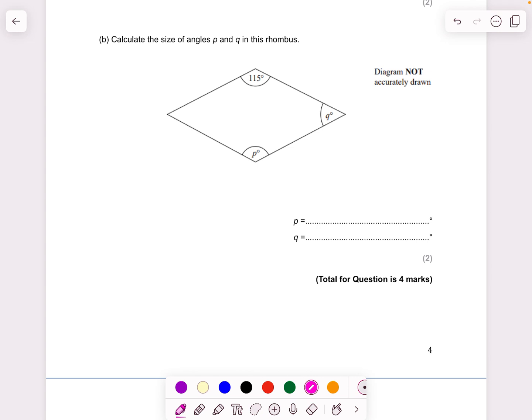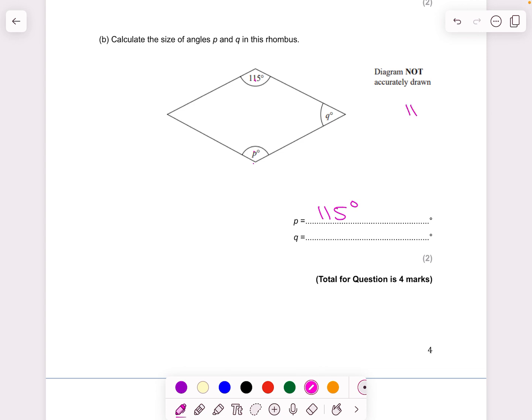The angles in this rhombus: because it's a rhombus, we've got equal sides, opposite angles are equal, so P must be 115 degrees. Next, we use the fact that angles in a rhombus add up to 360 degrees.